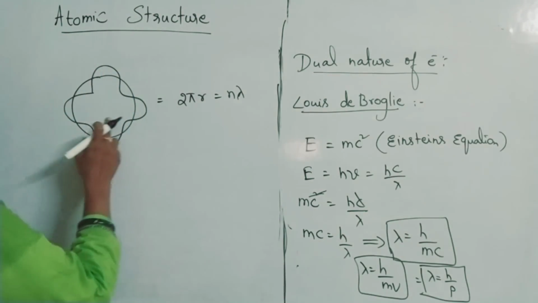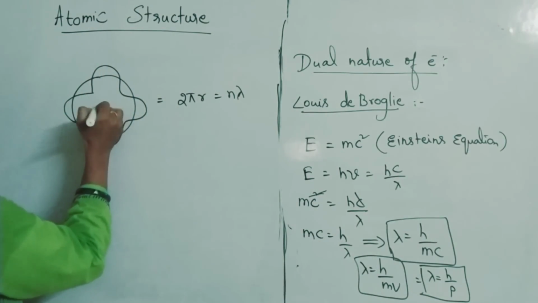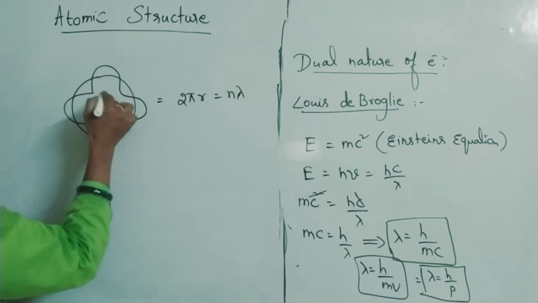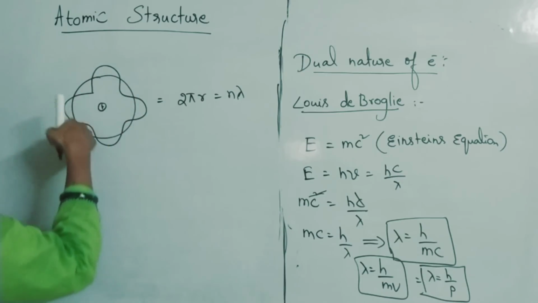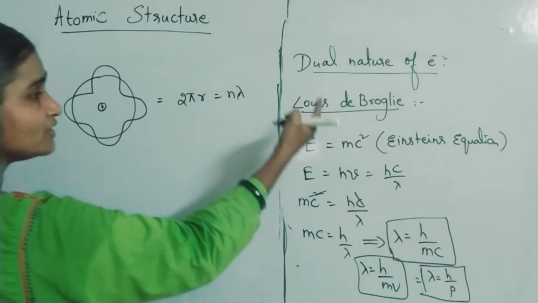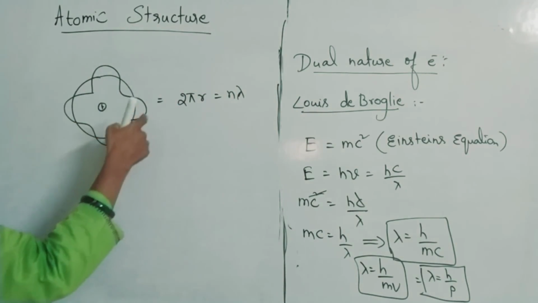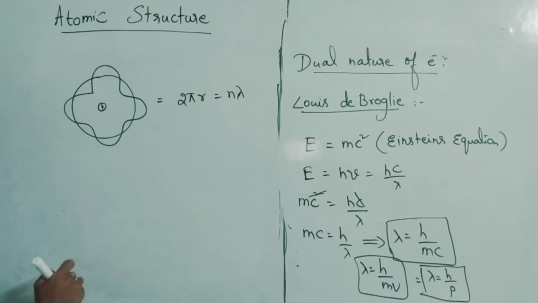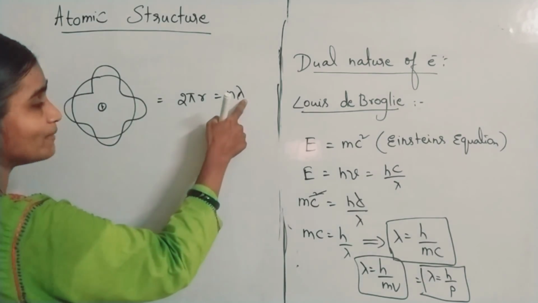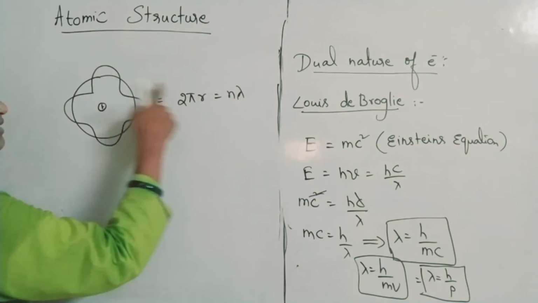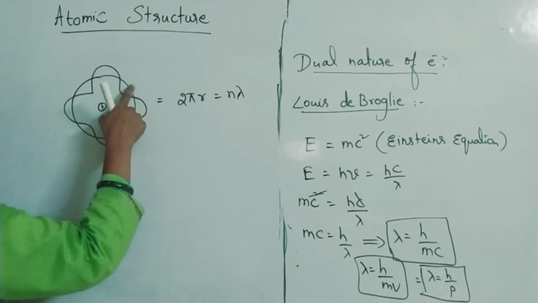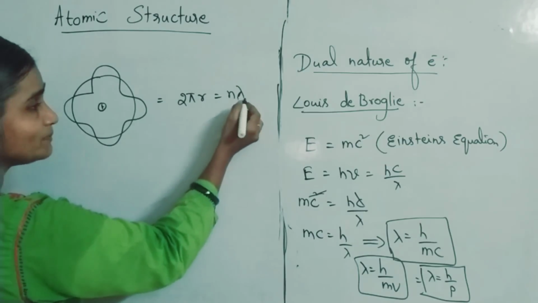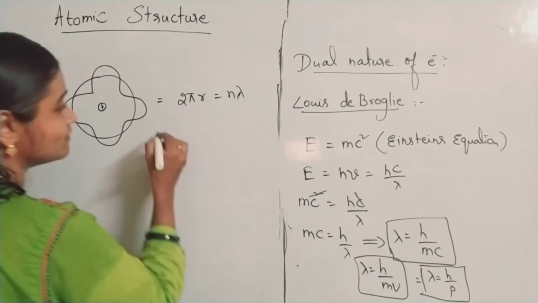So according to Louis de Broglie, if electron is traveling in the form of a wave around Bohr's circular orbit, and the proposal of de Broglie is that the electron wave will be traveling like this, then the circumference of the wave, 2 pi r, is equal to n into lambda. n stands for orbit number. Please remember, n stands for Niels Bohr's orbit number. So in place of lambda, I am going to keep h by mv here.